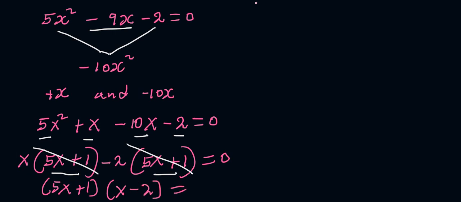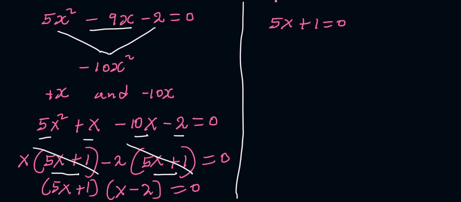So we can equate this to 0. The next step is to set both factors to 0. So we're going to have 5x plus 1 equals 0, and also x negative 2 equals 0.